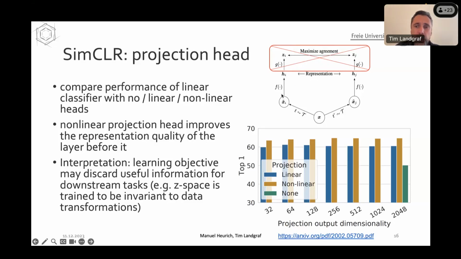I found that interesting because when I first read this paper and saw this architecture, I said, okay, why do they even use another layer on top of this, or two other layers on top of this? Why don't they just apply the same mechanism on the representations H?